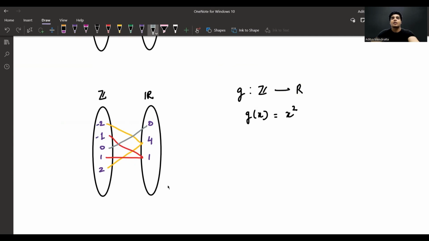But what would be the domain of this function? We have already established that. That is Z. What is the range of this function?